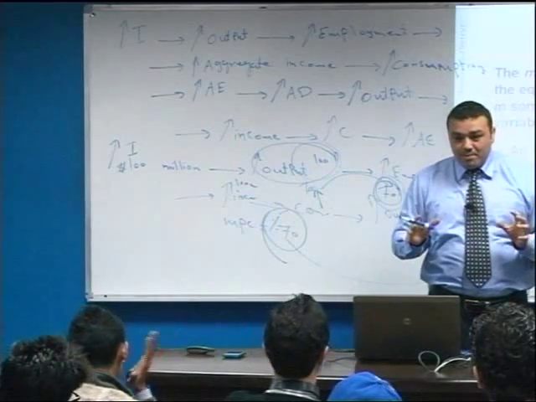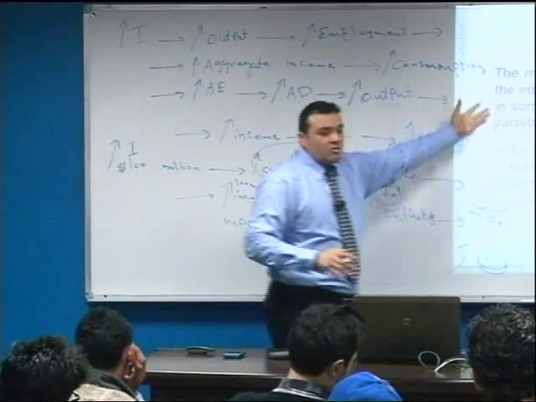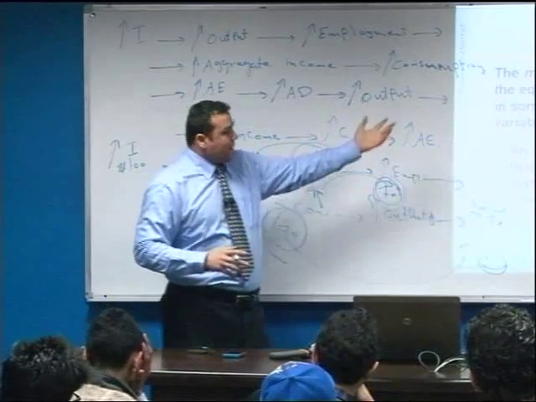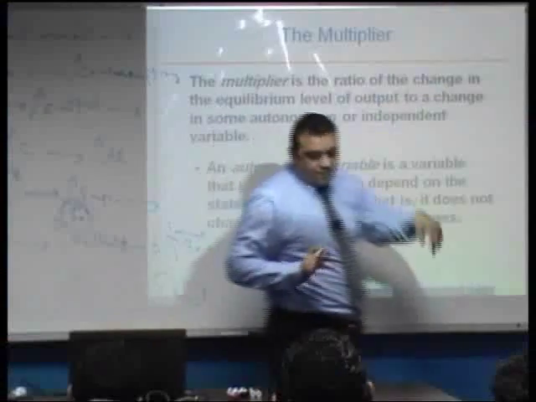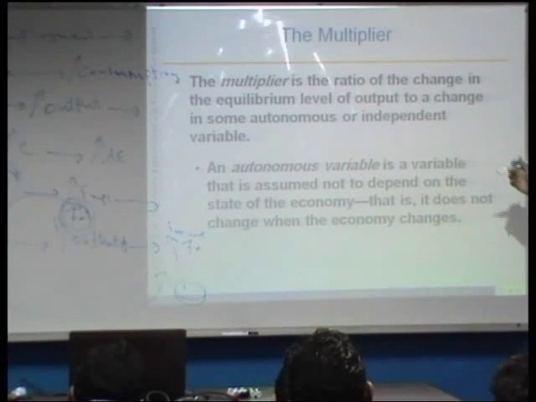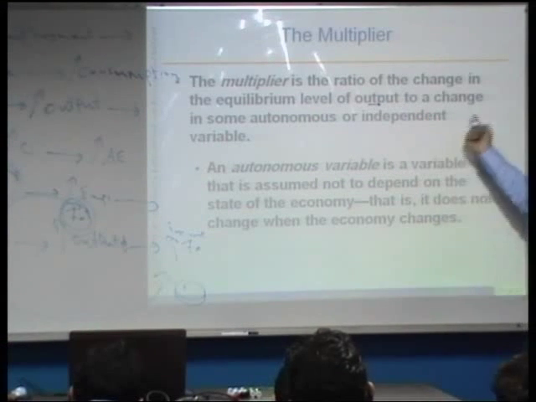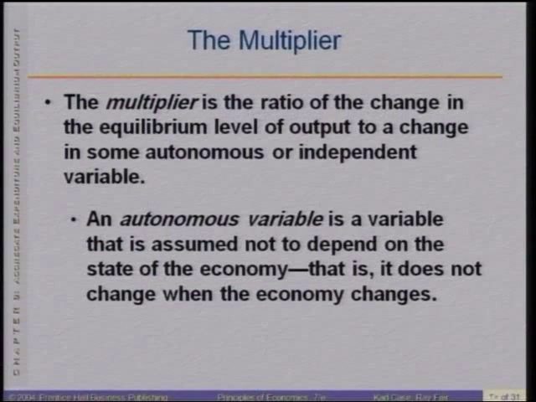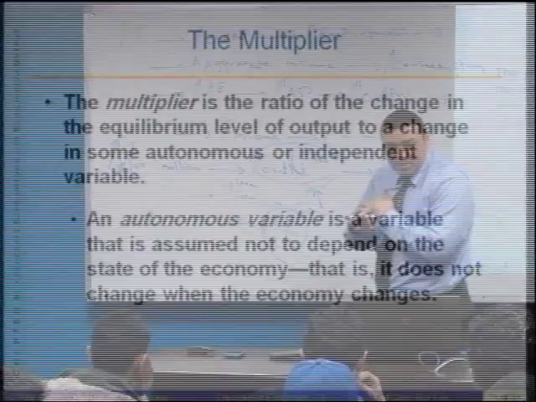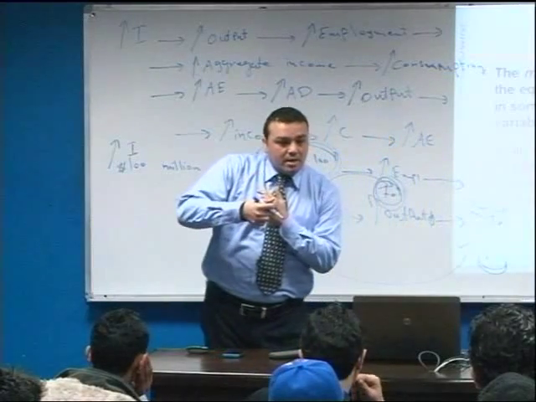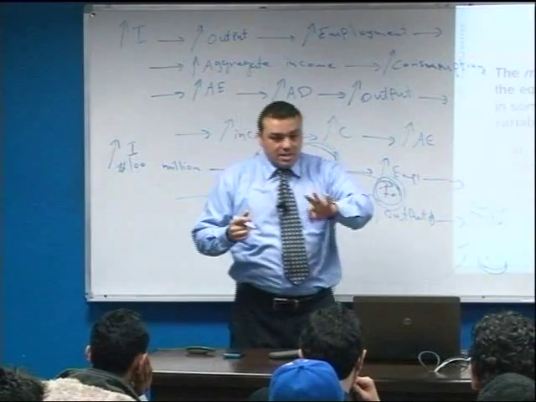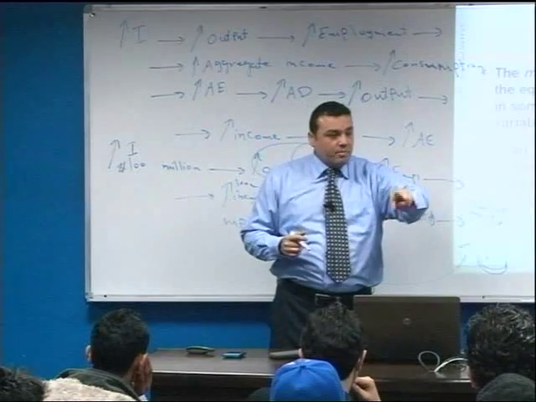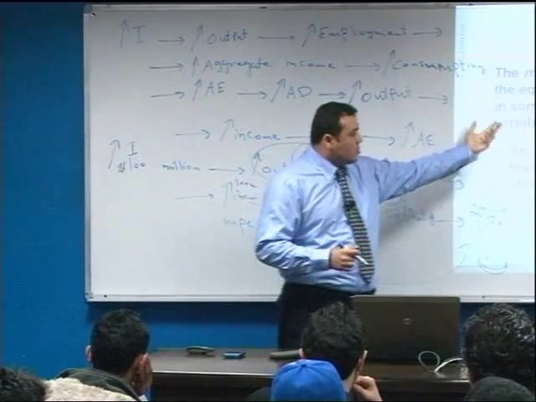Is the picture of the multiplier clear? So let's come back to the definition. The multiplier is the ratio of the change in equilibrium level of output due to a change in some autonomous or independent variables, which are planned investment and government spending. That's it. These are two major factors called autonomous.